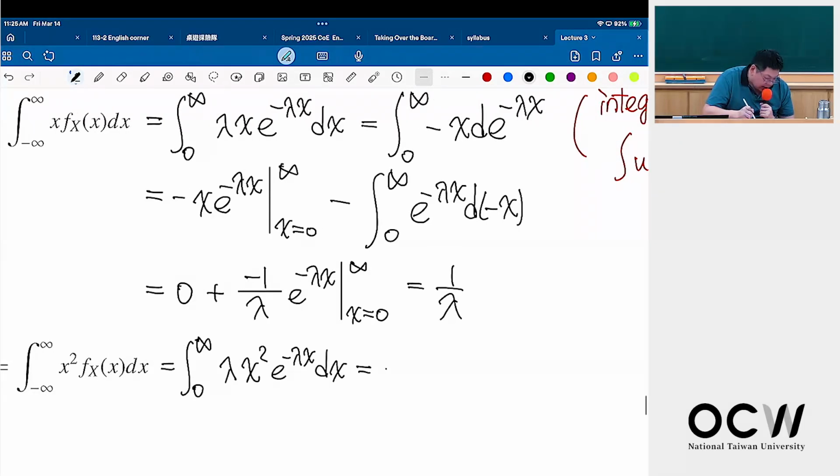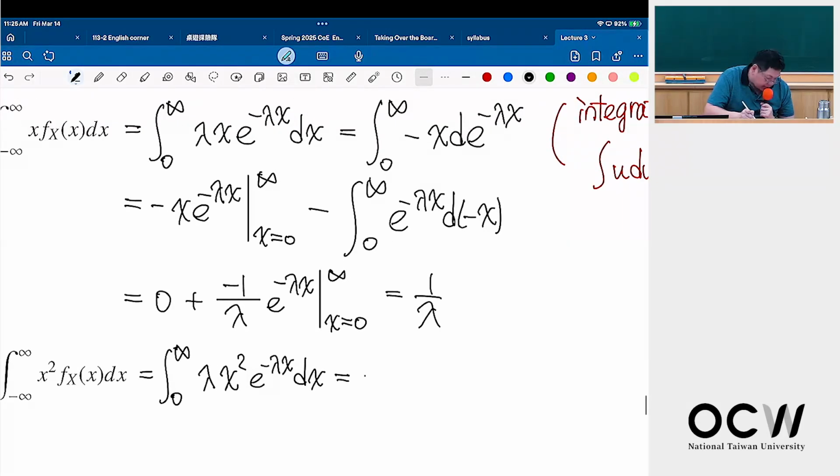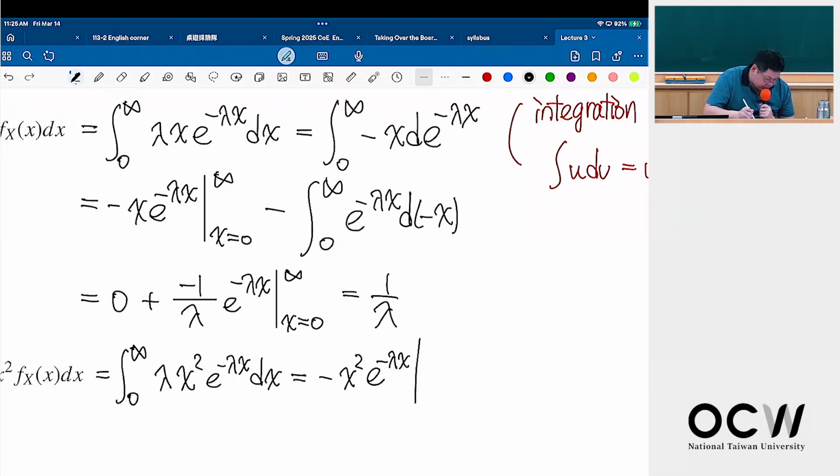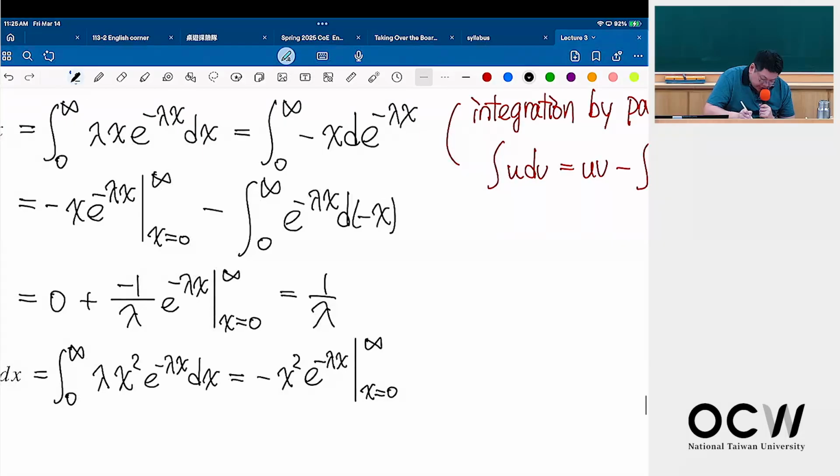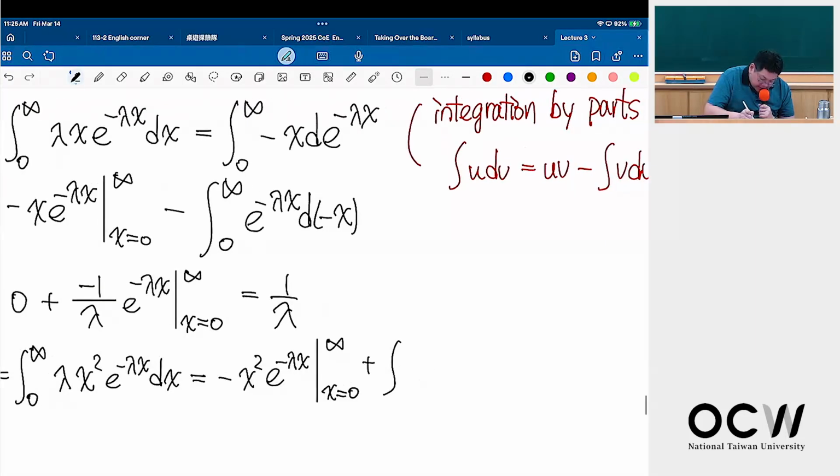Integration by parts. I think we need to do the integration by parts twice. The first one will be x squared term from 0 to infinity, and then plus the integral of v du, e to the minus lambda x times 2x dx.